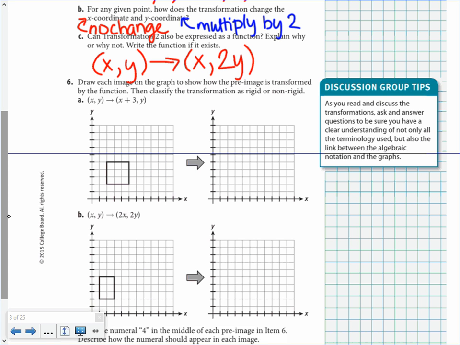So this x plus 3 means that our x values are going to increase by 3. X is your left to right, or your horizontal movement. So all of our horizontal points are going to move to the right by 3. So some of you, when you look at this, you may understand exactly how to graph it, and you may be able to do it and move on.